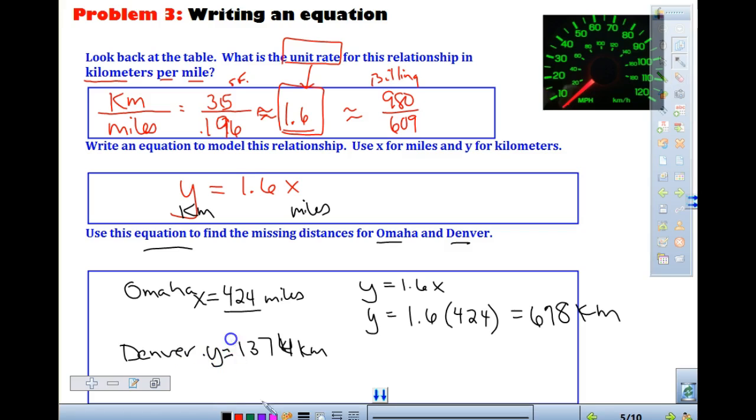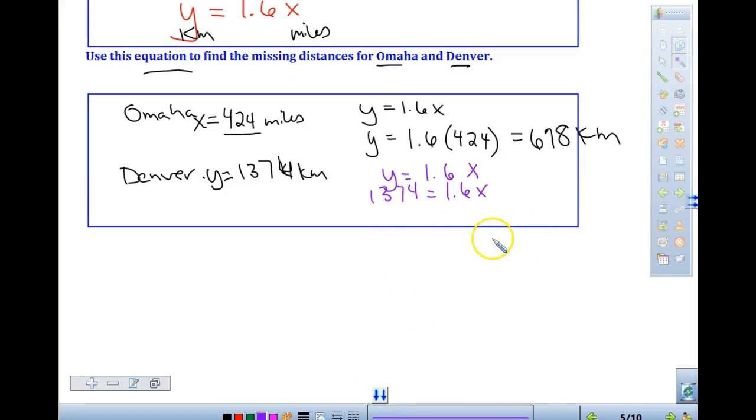So I'm still going to use the equation y equals 1.6x, and in place of y, I'm going to put in 1,374 equals 1.6x. And when we solved equations in our last unit, what do I need to do? Not multiply by 1.6. We are going to divide both sides by 1.6.